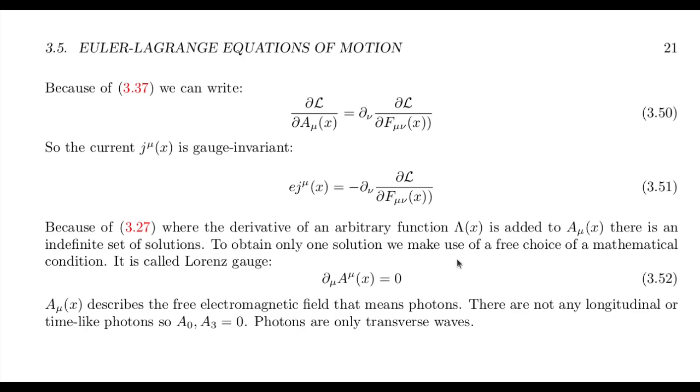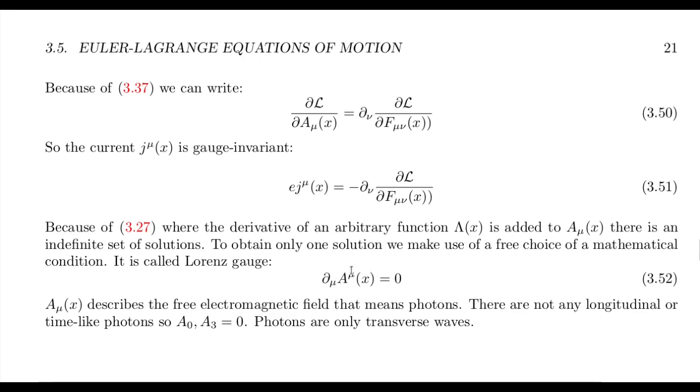To obtain only one solution, we make use of the free choice of a mathematical condition. We use the Lorentz gauge. That means the scalar product with the differential operator and the gauge field is 0.